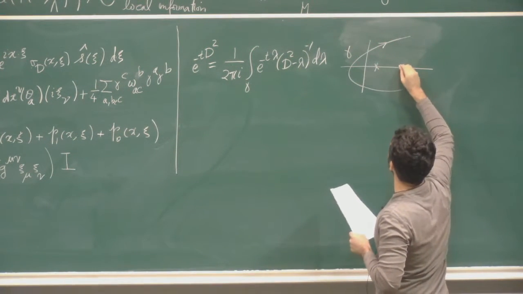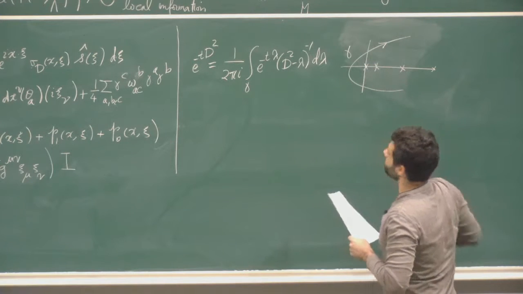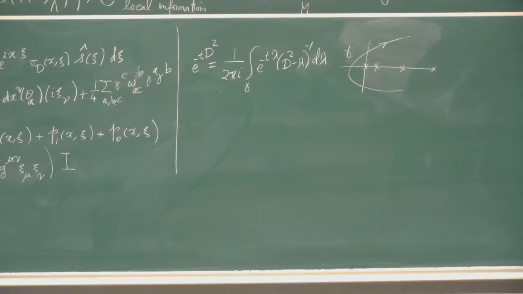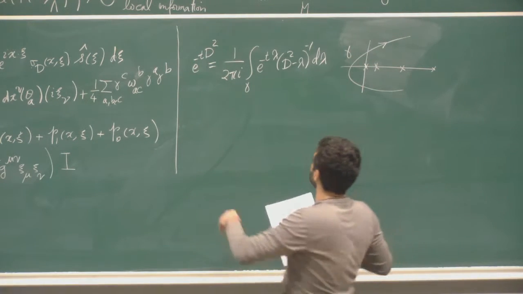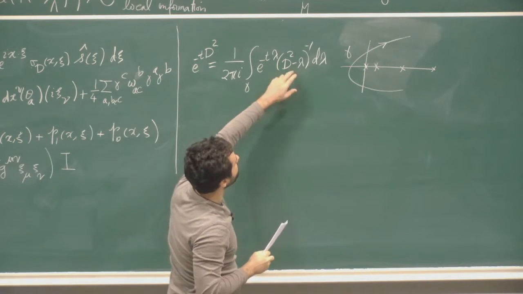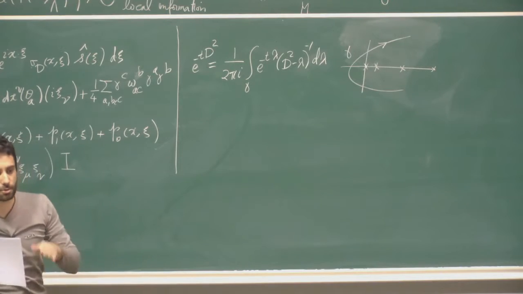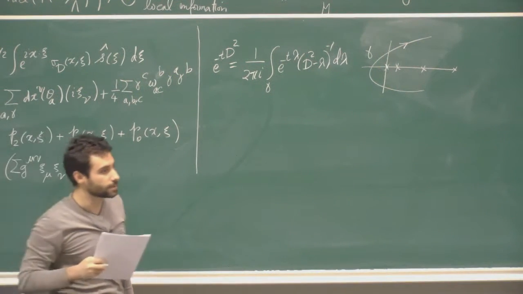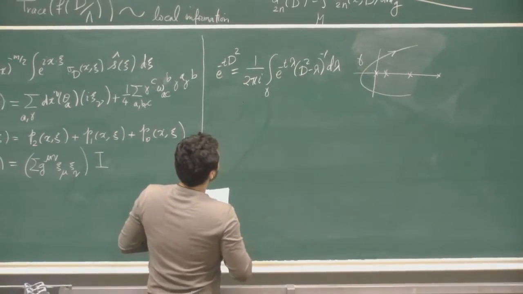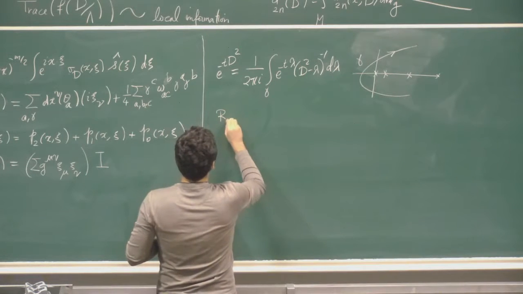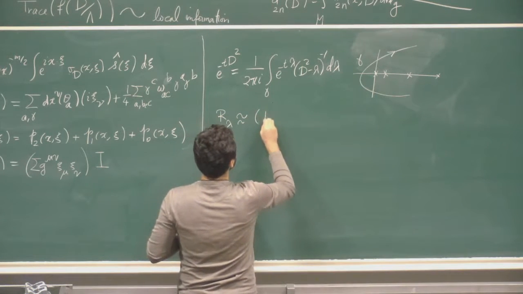So the eigenvalues of D squared are non-negative numbers. And as soon as we have this, then we can approximate D squared minus lambda. It is like an elliptic operator, so in the algebra of pseudo-differential operators, modulo infinitely smoothing operators, it has an inverse, which is called the parametrix. So let's try to find an inverse for D squared minus lambda.